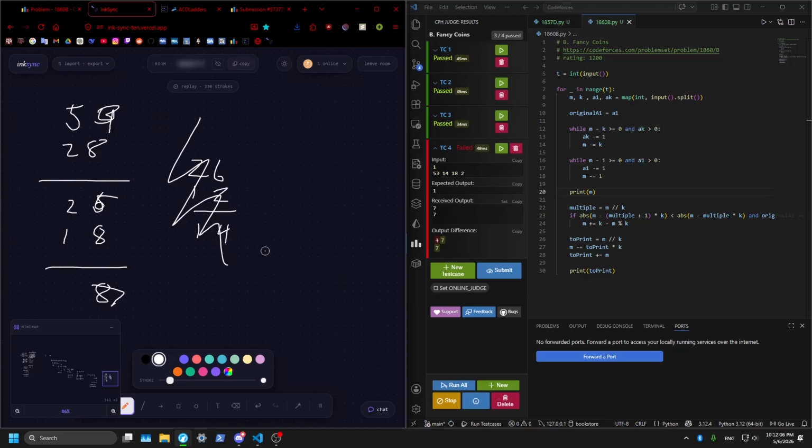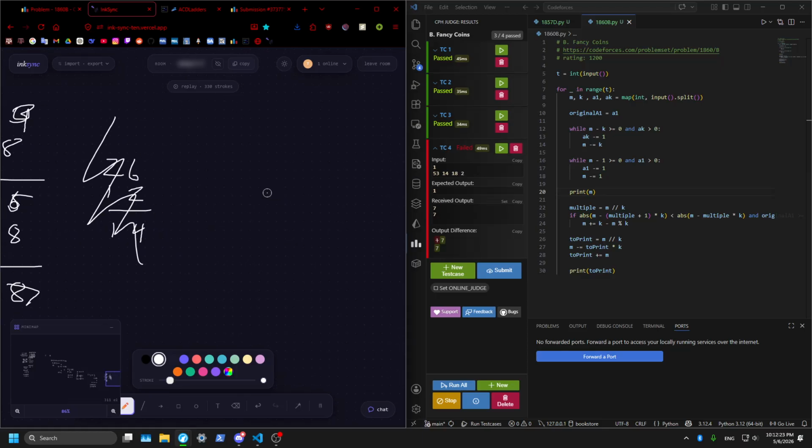So we have 7. Now our multiple should be 7 divided by 14, which is 0.